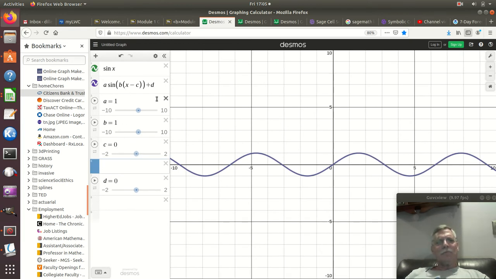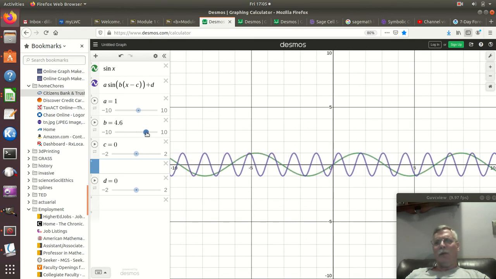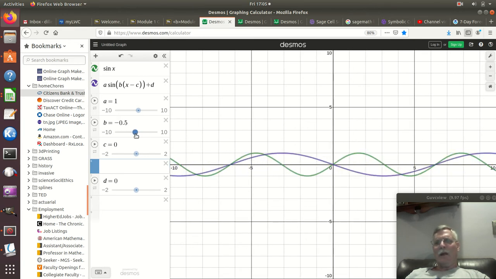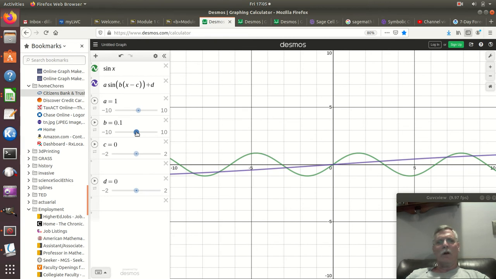Now, so I've been going in reverse order. Let's look at what happens with B. Actually, B, I think, is a little bit counterintuitive, maybe. Notice that as I increase B, what seems to be happening is I'm squashing the original curve. So B started out at 1, and that's the same.